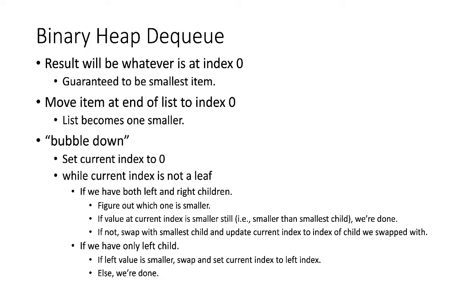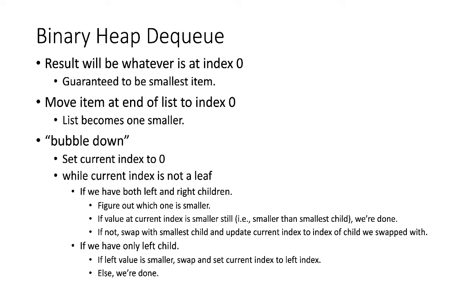If we only have a left, and that might happen if we're near the bottom of the tree, then we just look at the left child, and we see if the left value is smaller. If so, we swap our current index with our left index, and take our current index and make it our left index.